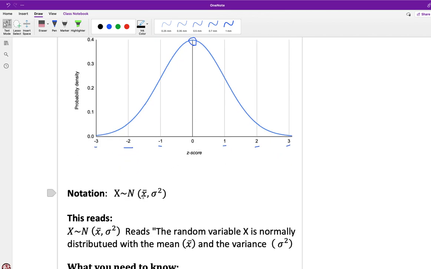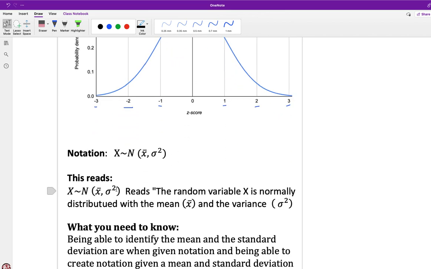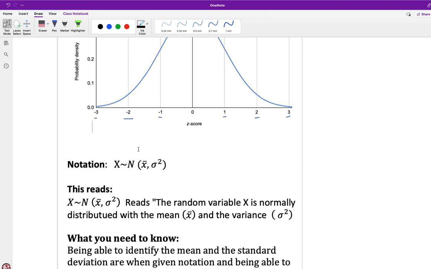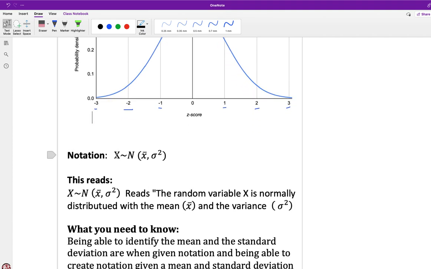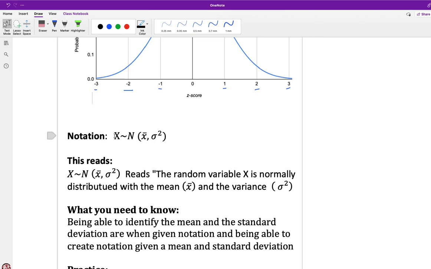So the first thing we need to learn is the normal distribution notation. You'll see this written sometimes, information about a normal distribution. It'll look something like this.